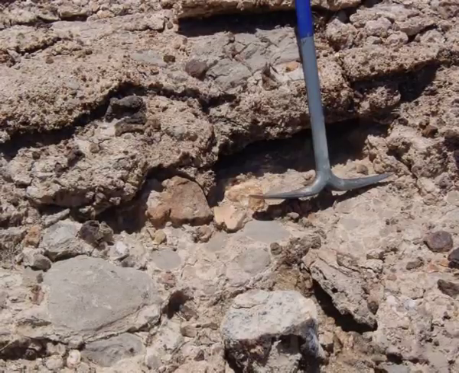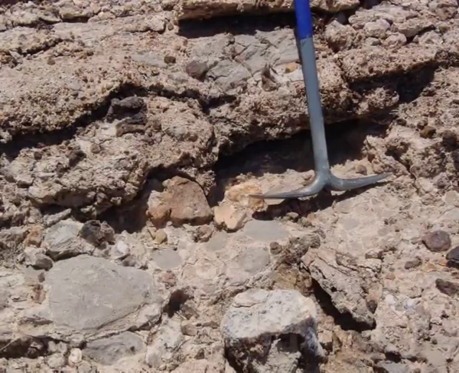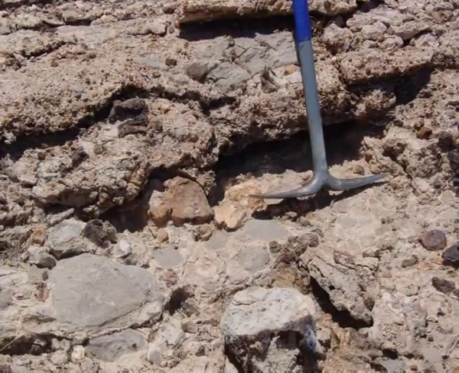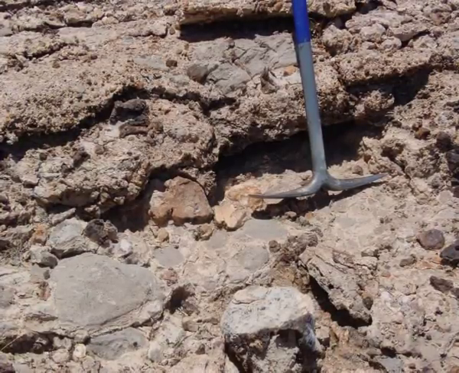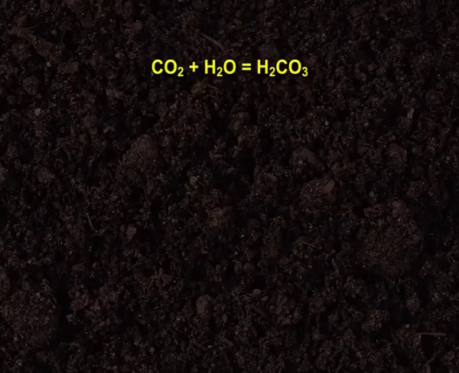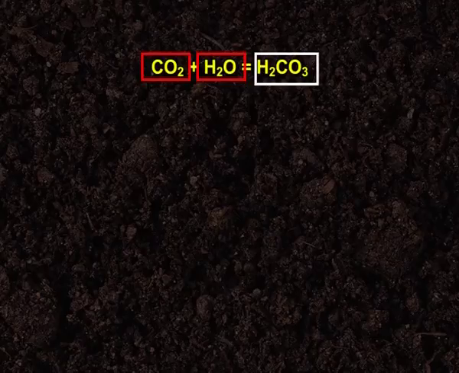Calcium is readily soluble in acid soil water or when carbon dioxide concentration is high in root zone, as CO2 plus H2O equals H2CO3. That is, carbon dioxide plus water gives rise to carbonic acid.